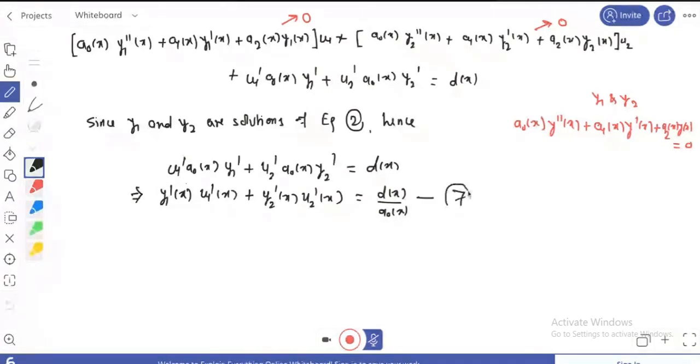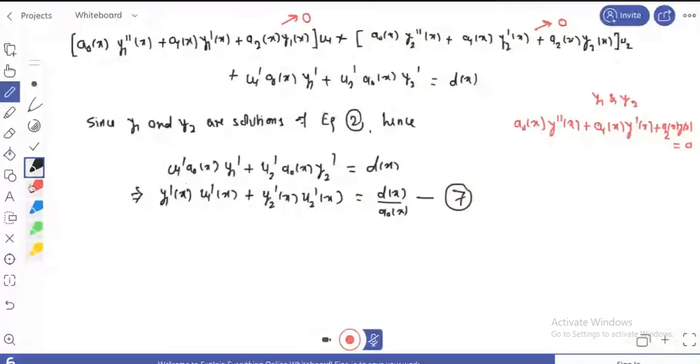This is your equation number 7. Up to here we had already discussed in the last class. Now our aim is to find u1(x) and u2(x).